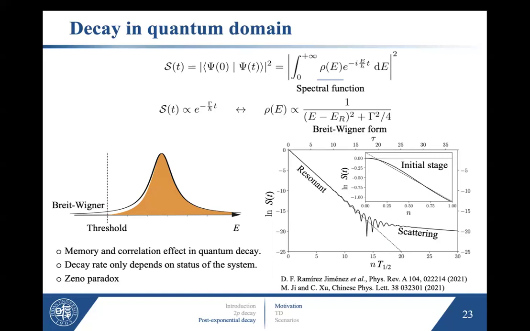And then the system will decay as a resonance, so it has an exponential decay. This one is in log scale, so it's a straight line. And in the end, there is another decay mode, which is governed by the power decay. This power decay happens in this long time period, and according to this Fourier transformation, this one is actually governed by the threshold in the low momentum limit.